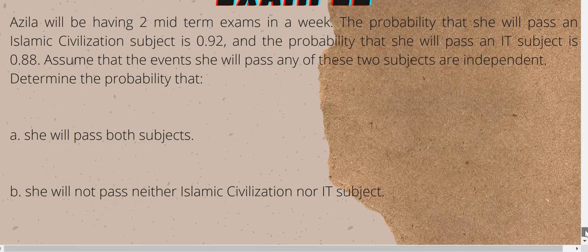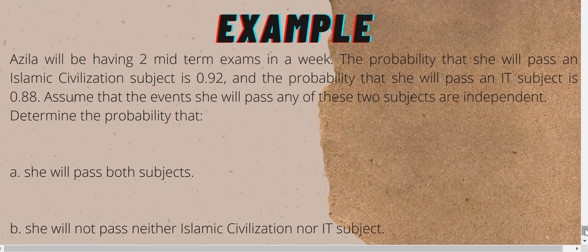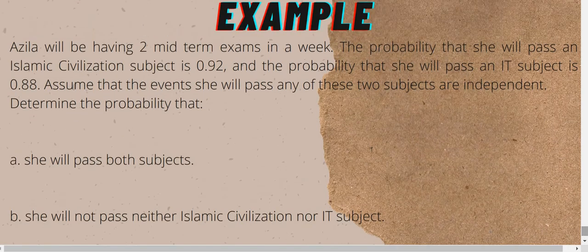Okay, class, this example is the second last. I think I missed out one more example, but it's okay, we just focus on this one first. Azila will be having 2 midterm exams in a week.